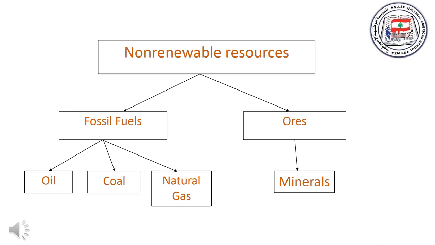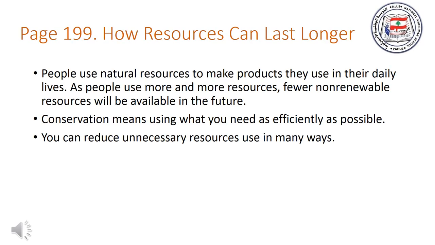As a conclusion, non-renewable resources are of two kinds: fossil fuels and ores. Fossil fuels like oil, coal, and natural gas, and ores, from which we can get minerals. Please look at the next page, 199, how resources can last longer.